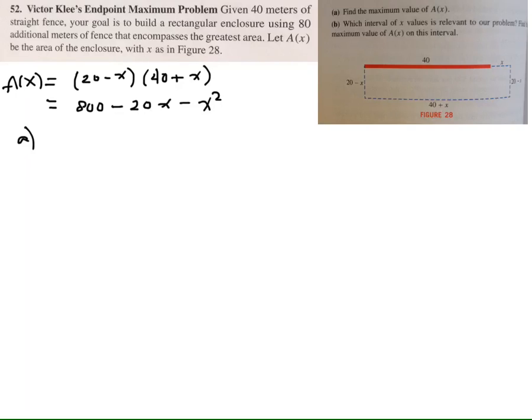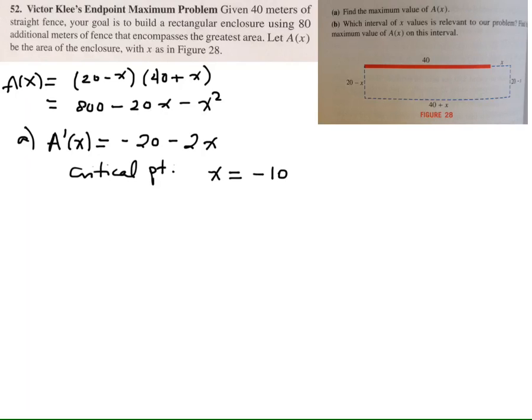So what we'll do for that is we'll take the derivative to find the critical points. And we'll get negative 20 minus 2x. So our critical point occurs at x equals, so to make sure I get the sign right, negative 10.